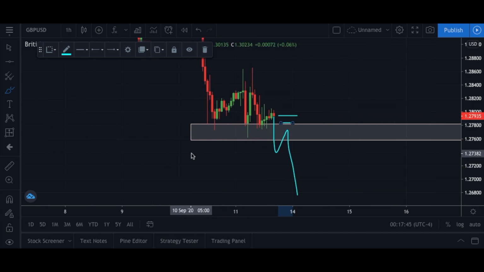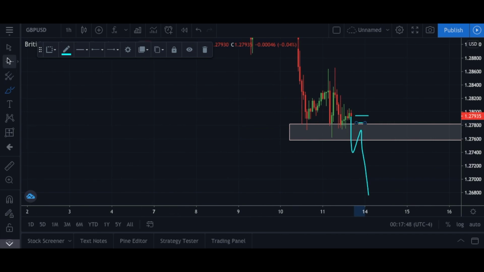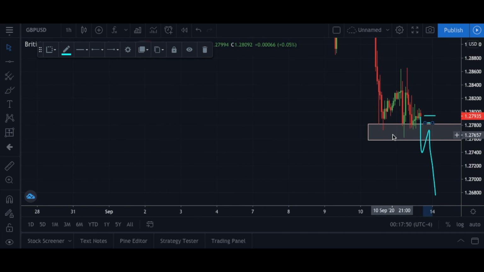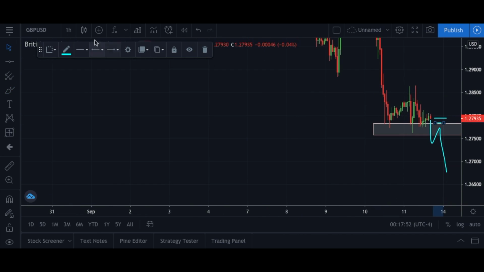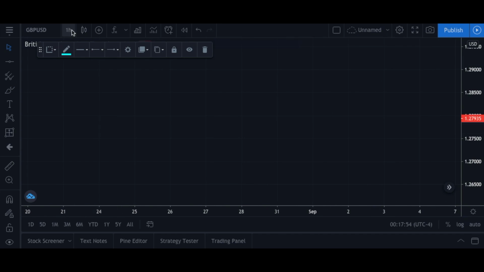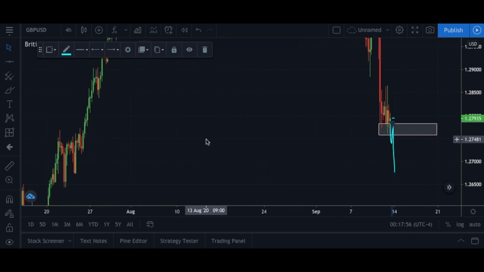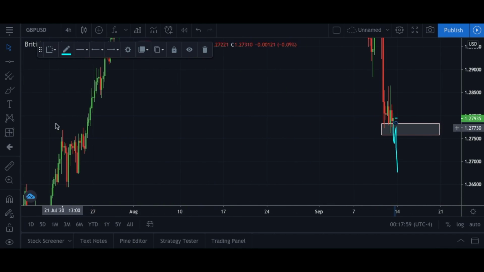wherever you can find. And again, if you don't know where you would want your take profit, when you're mapping out where you want to enter your trade, look left, and let me go up to the 4 hour just to help with that. But yeah, look left and see, okay, what's going on here. This is why I like this cross one. What's going on here? Okay, so this is the recent area.